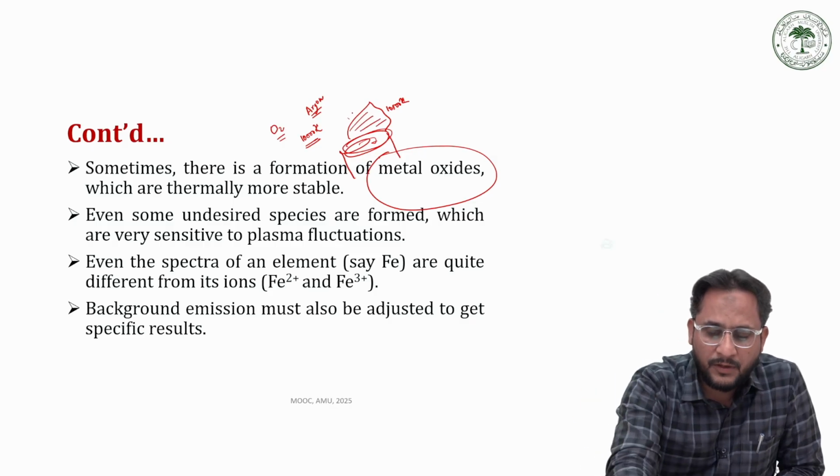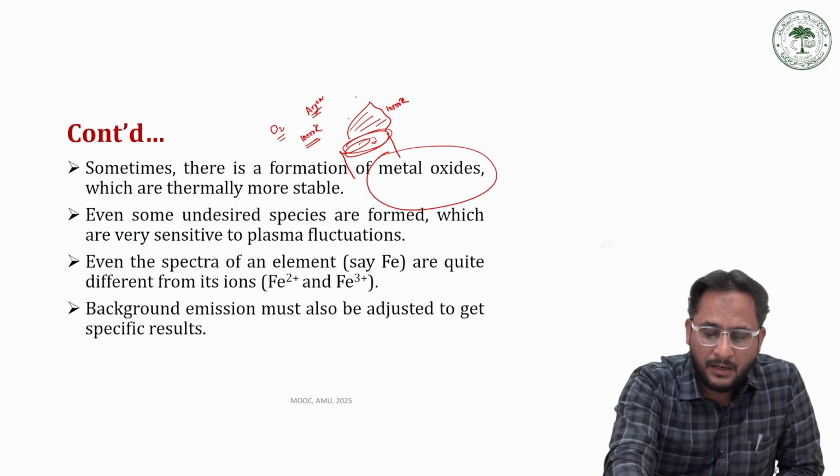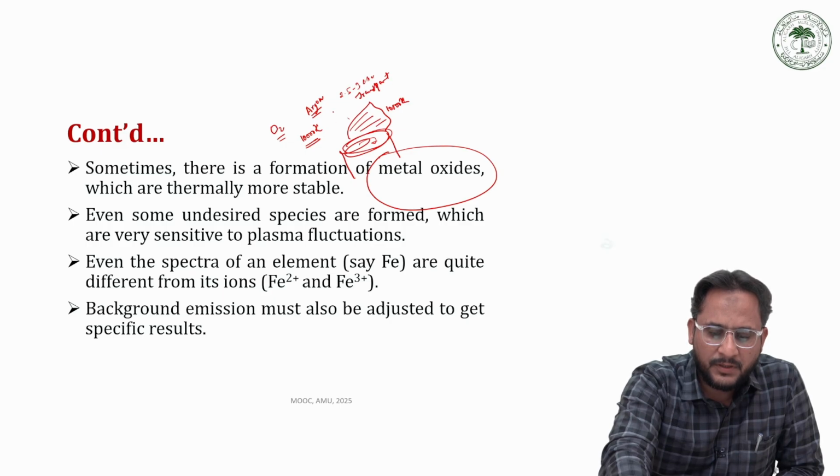So we move a bit upward, and at a distance of 2.5 to 3 centimeters, where the region is completely transparent, we do the analysis, and at this particular point the temperature is around 6,000 to 7,000 Kelvin.